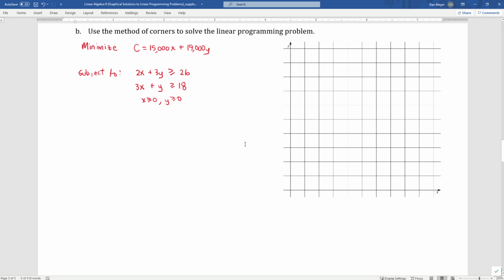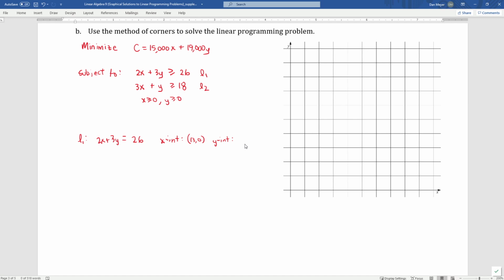Okay, so we're going to graph our feasible region. I think there's only two lines that are interesting here, line 1 and line 2. Line 1 is 2x plus 3y equals 26. It has an x-intercept of 13 and a y-intercept of 26 divided by 3.